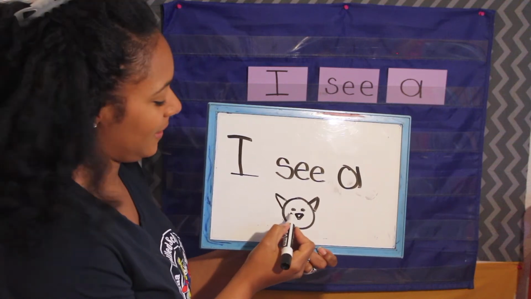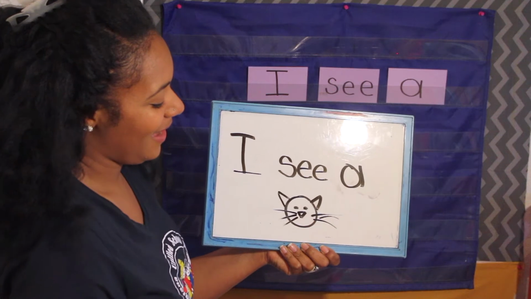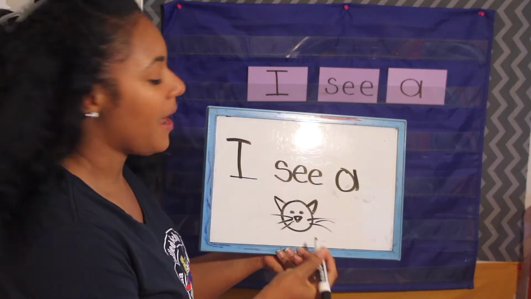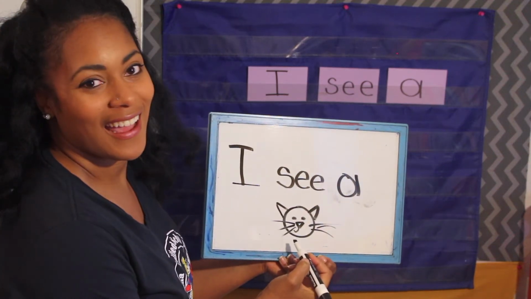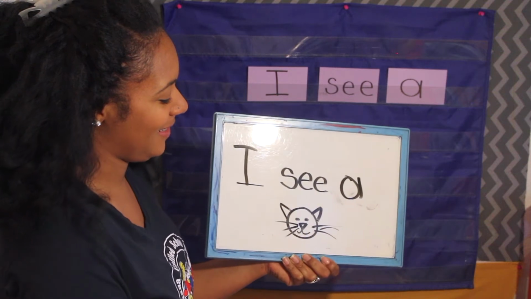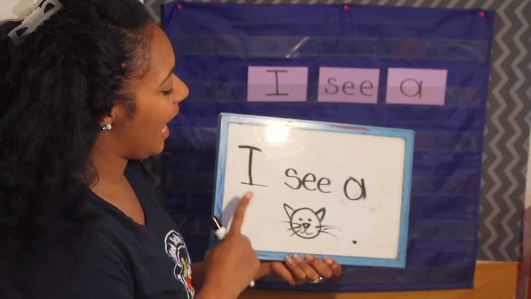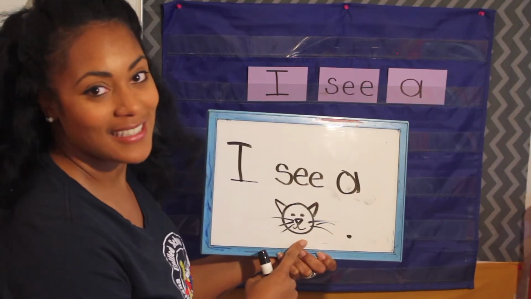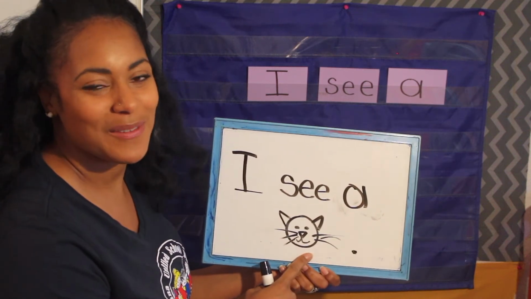Can't forget the whiskers. And now we're going to make the mouth. We're going to come from our nose and we're going to hook back. And then we're going to go back to the nose and we're going to hook forward. Don't forget the period. I see a cat. Read that again. I see a cat. Perfect.